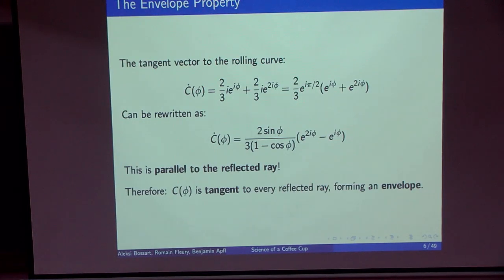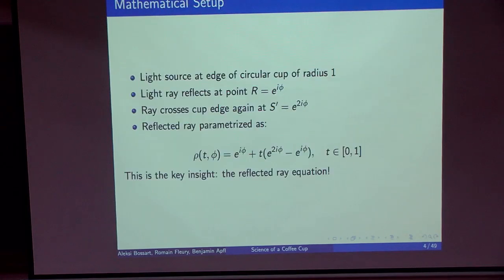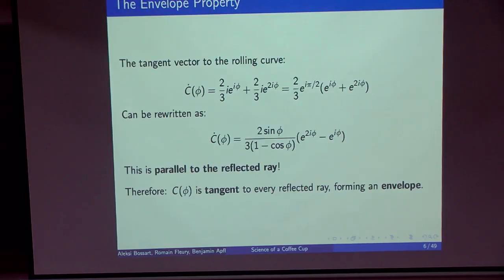So we can find a tangent vector by differentiation. This can be rewritten using the Euler form. This is parallel to the reflected ray. If you look at the reflected ray, these are just parallel lines. Therefore, the rolling curve is tangent to every reflected ray, forming an envelope.